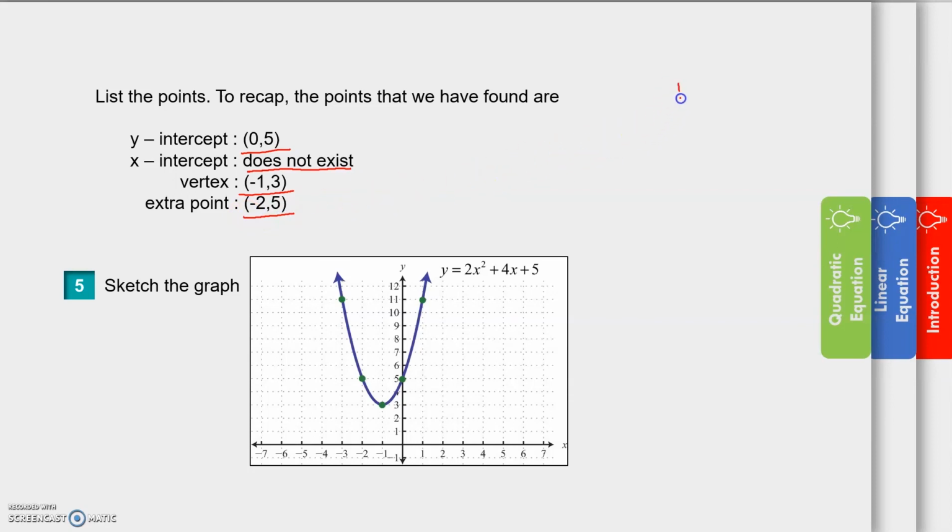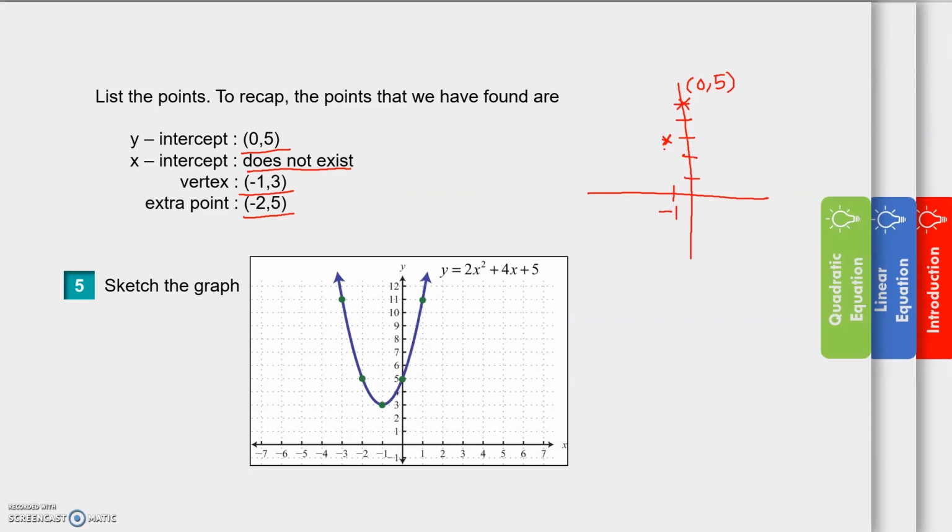So how can we plot here? Let's say we have this Cartesian coordinate. The y-intercept is given by (0, 5): 1, 2, 3, 4, 5. This means that the location of the y-intercept is at this coordinate. And there is no x-intercept. Our vertex is (-1, 3), meaning that -1 is here and then this is 3.